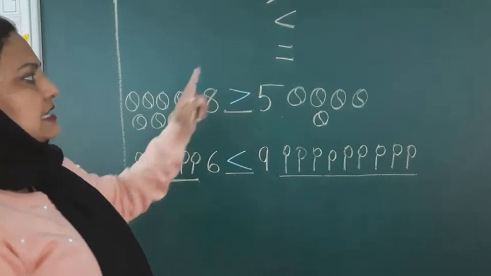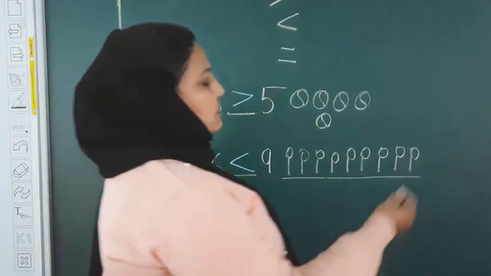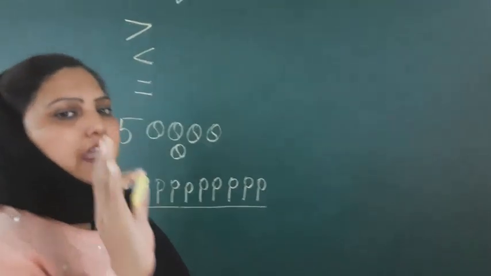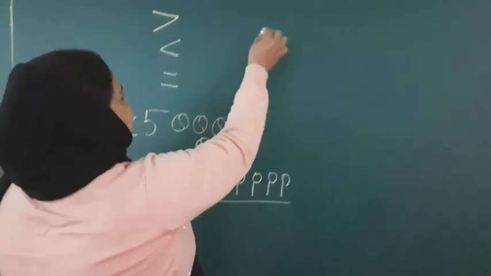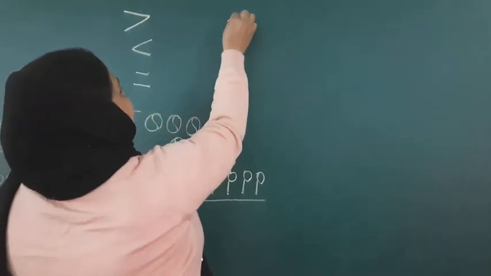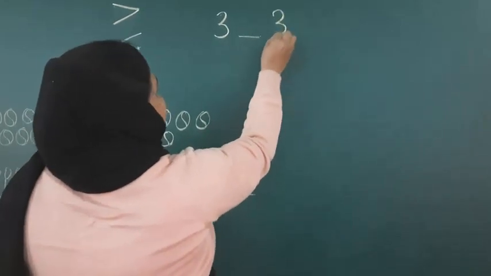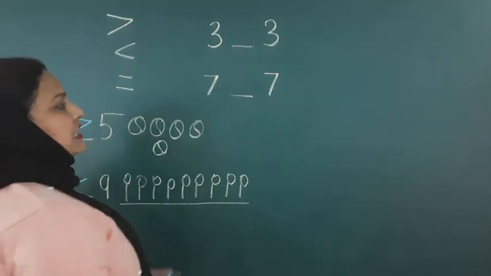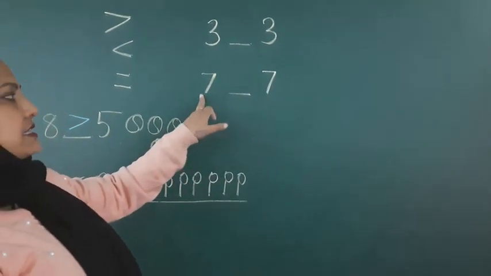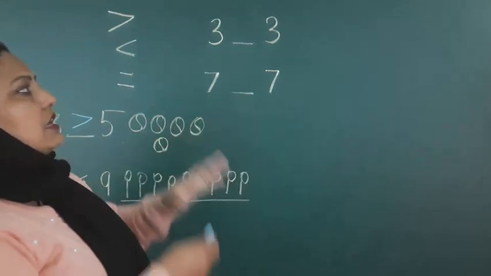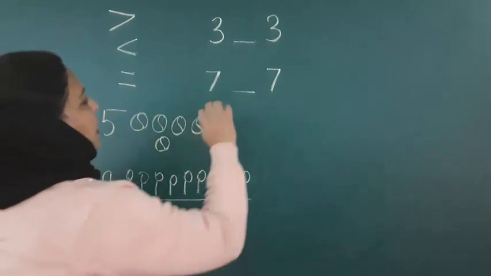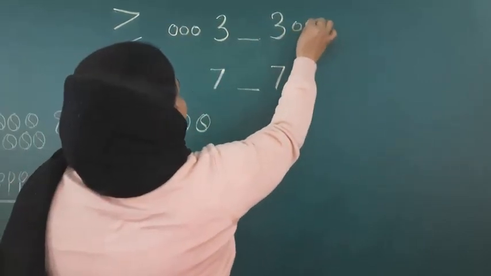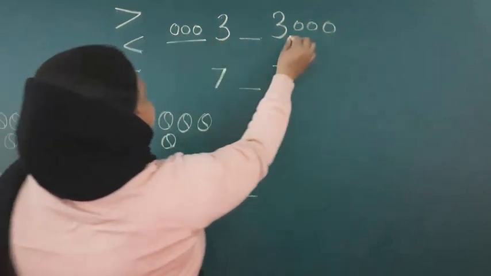So one sign is left, that is equal. I have told you for equal we have to take equal numbers. Like equal means we will take here 3 equal 3, okay, or 7 equal 7. Whenever the equal number comes on both sides, like 7 here and also 7, both are the same, nothing you have to do. Here you can make 3 laddus and here also 3. So both are the same, 1 2 3, 1 2 3.